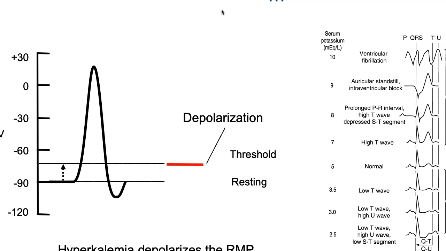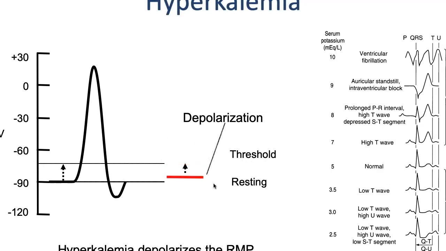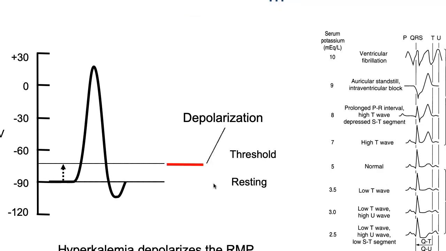Remember that woman had a serum potassium of 9.8 milliequivalents per liter. If we do the math, her resting membrane potential is like minus 68 millivolts. We're so close to depolarization threshold, okay? So once again, at rest, we're closer to minus 90, but with hyperkalemia, we slowly inch up towards the threshold.